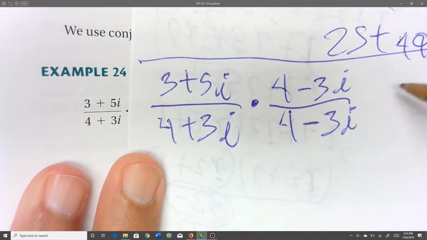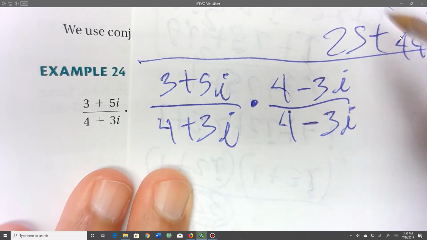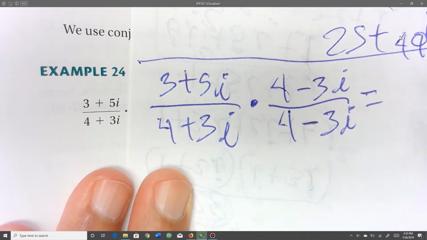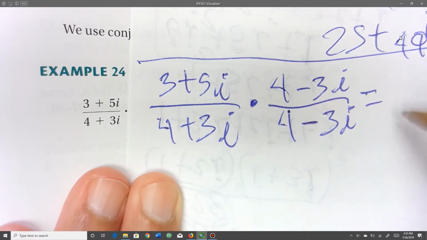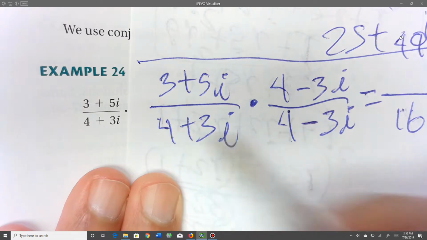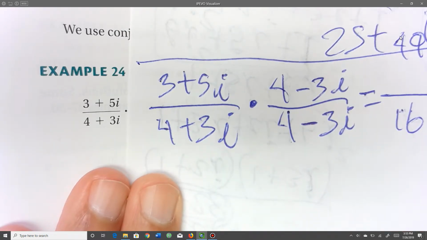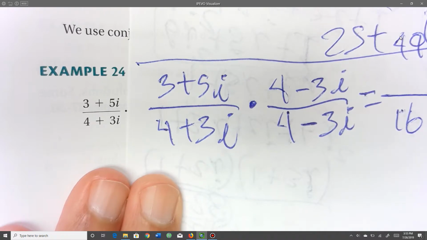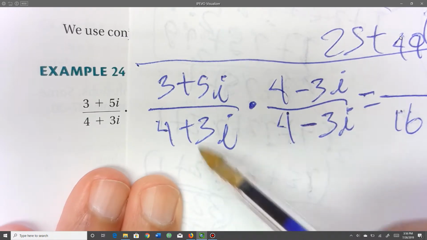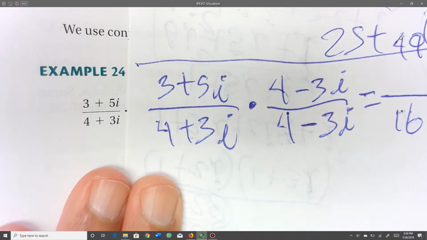Now I'm ready to multiply. 4 times 4 is 16, and 4 times negative 3i, just so I can show you that the middle terms cancel out. And then positive 3i times 4 is positive 12i.